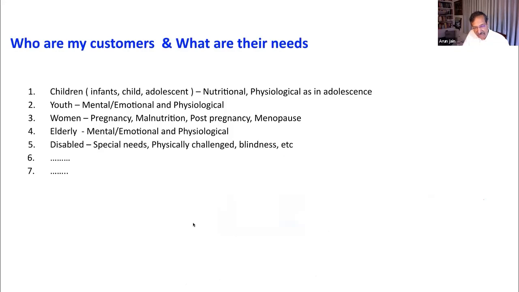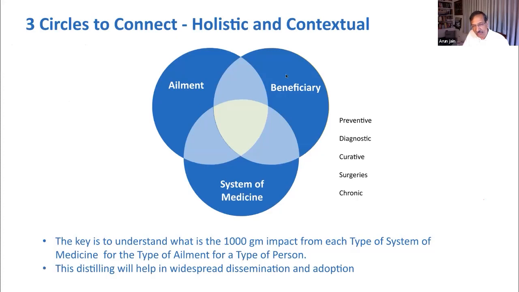And if I try to draw three circles: what is my ailment? Who is my beneficiary? And what is the system of medicine? The intersection of all three can be in the space of preventive, diagnostic, curative, surgical, or chronic methods of treatment. I need to understand which system of medicine will be suitable for various elements.